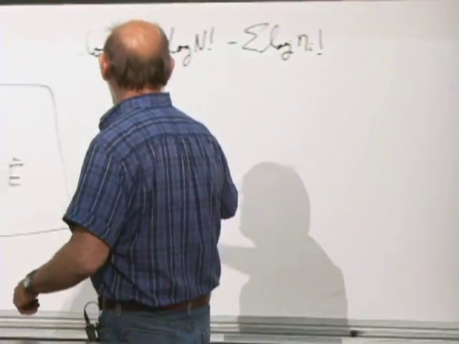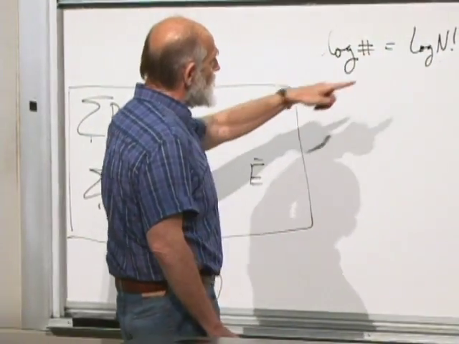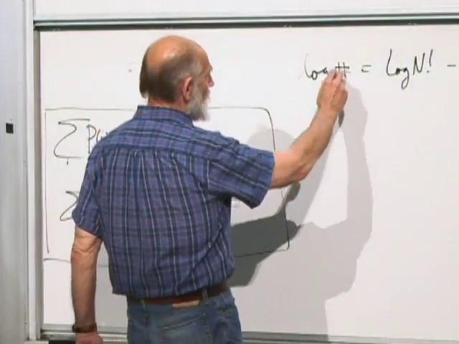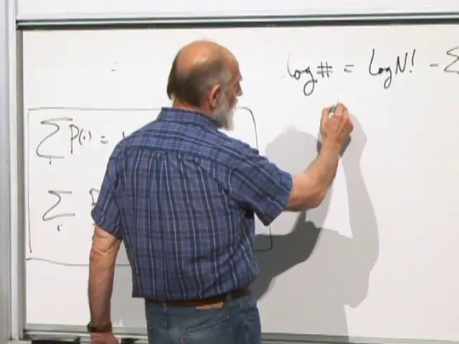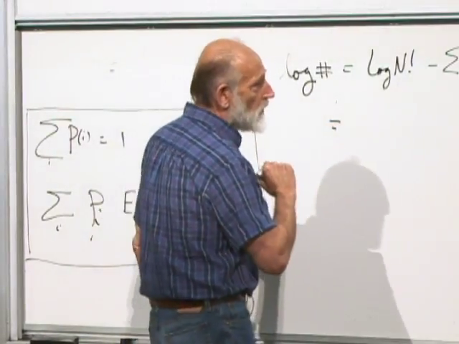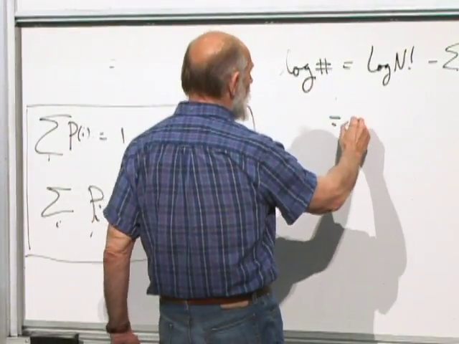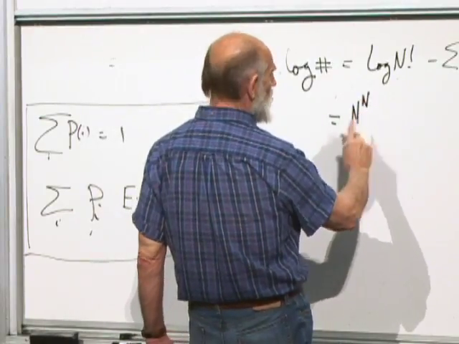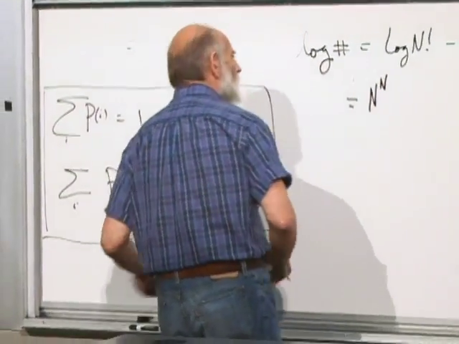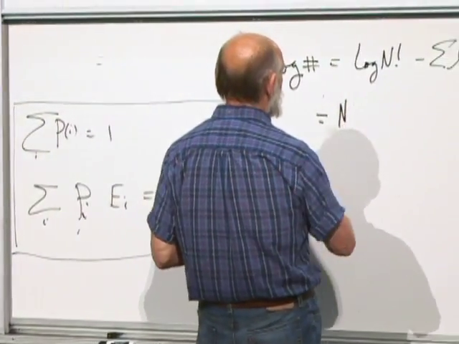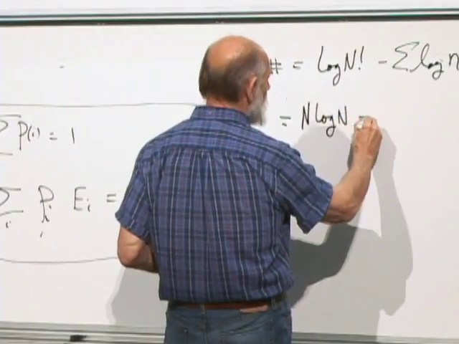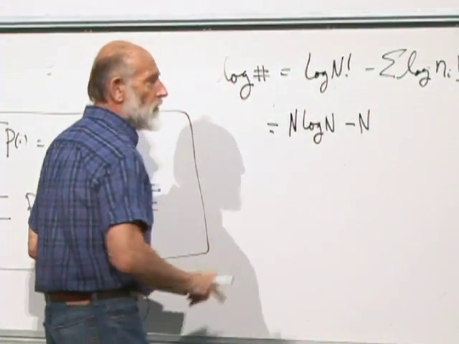Okay. So let's now substitute that into here. We have this equals log of N factorial, which is N log N minus N. That's this term here.